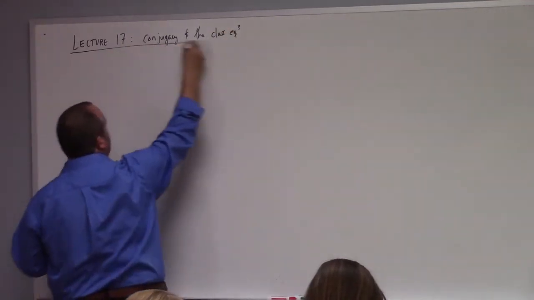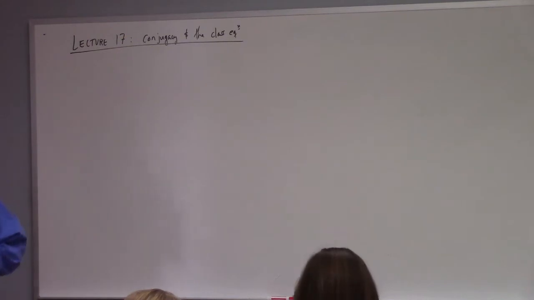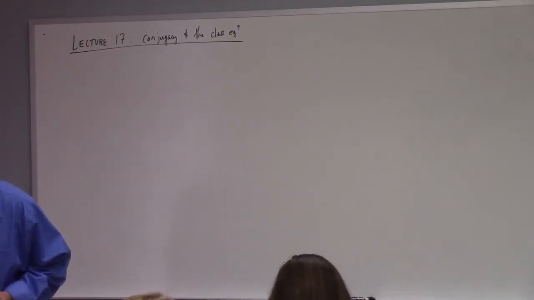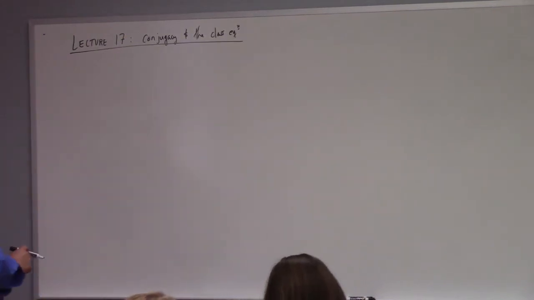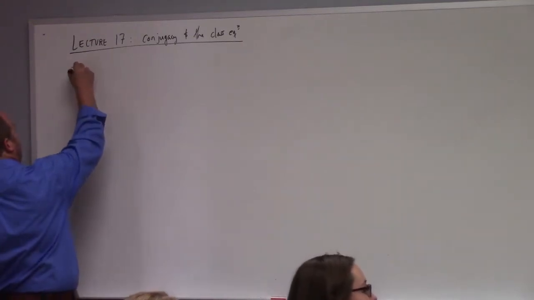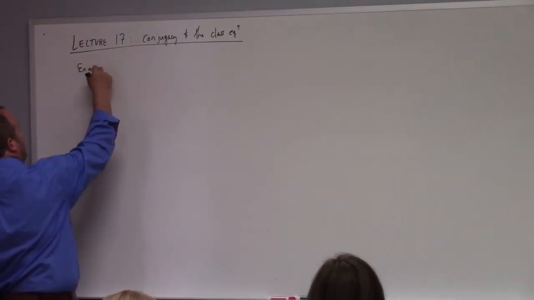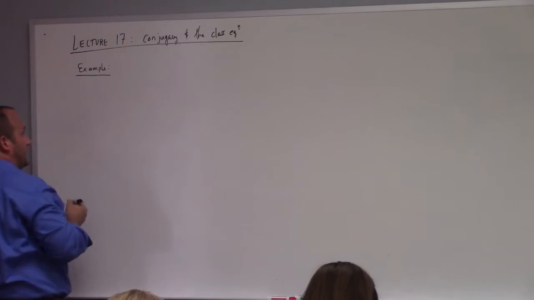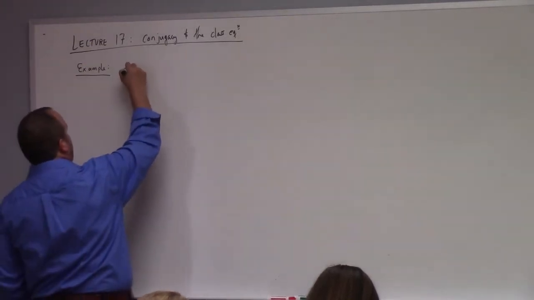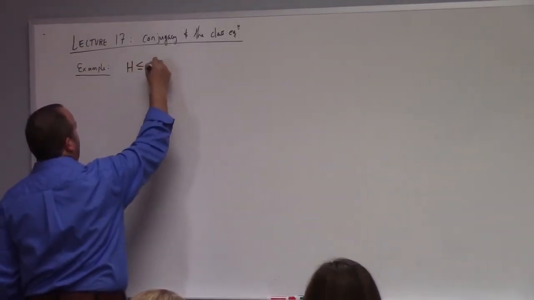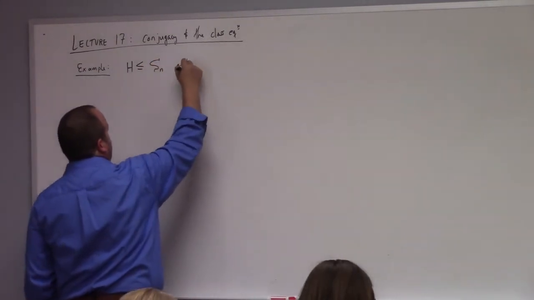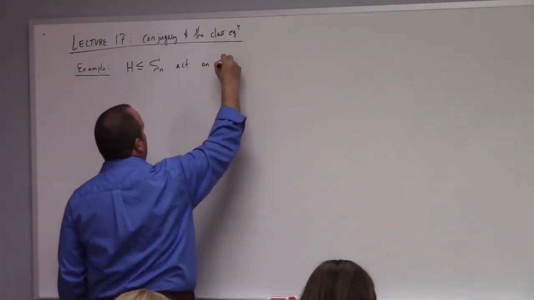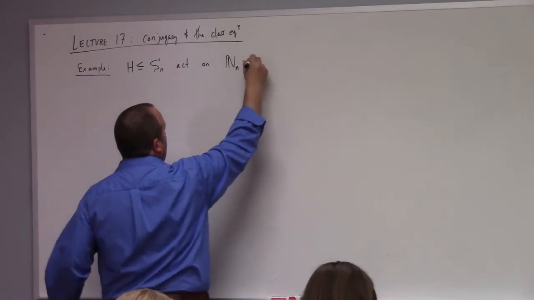All right, so to start with, let's take a step back and just look at an example. This example has not too much to do, I suppose, with everything else we're doing in here. We defined how to look at a subgroup of permutations, right? If H was a subgroup of, say, S_n, it can act on the numbers 1 through n.